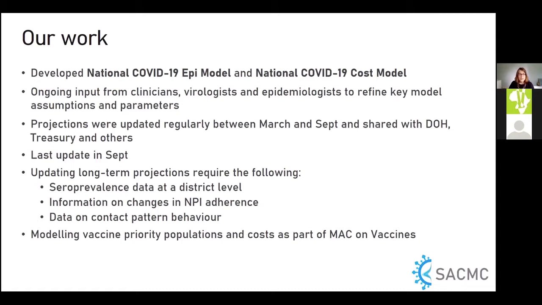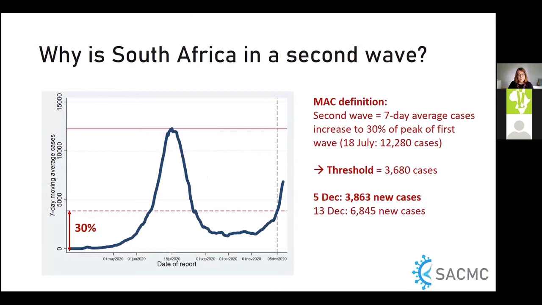In the meantime, however, we have focused our attention on looking for signals that allow us to trace and track, but especially also predict small-scale resurgences at the district level. You've heard in the last week that the Minister of Health mentioned that South Africa is now in a second wave. Now, what does that mean, and what is the definition that applied there?